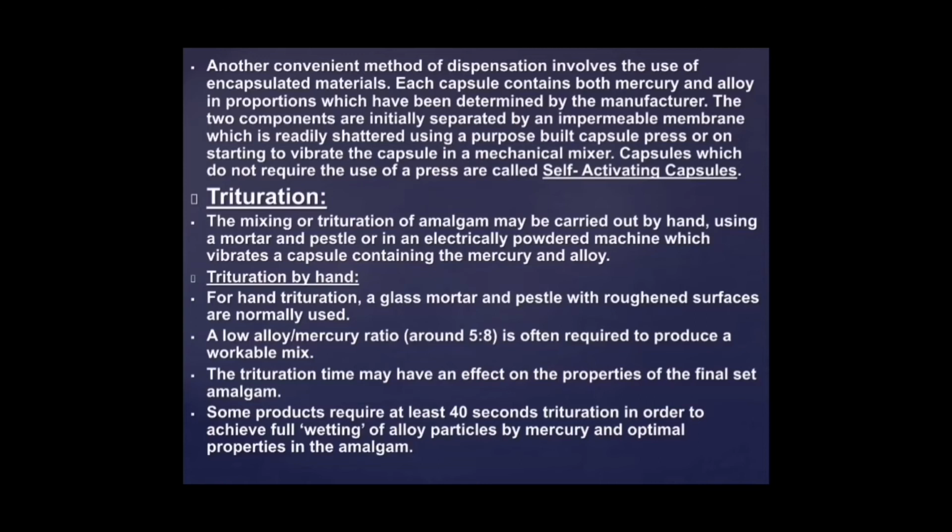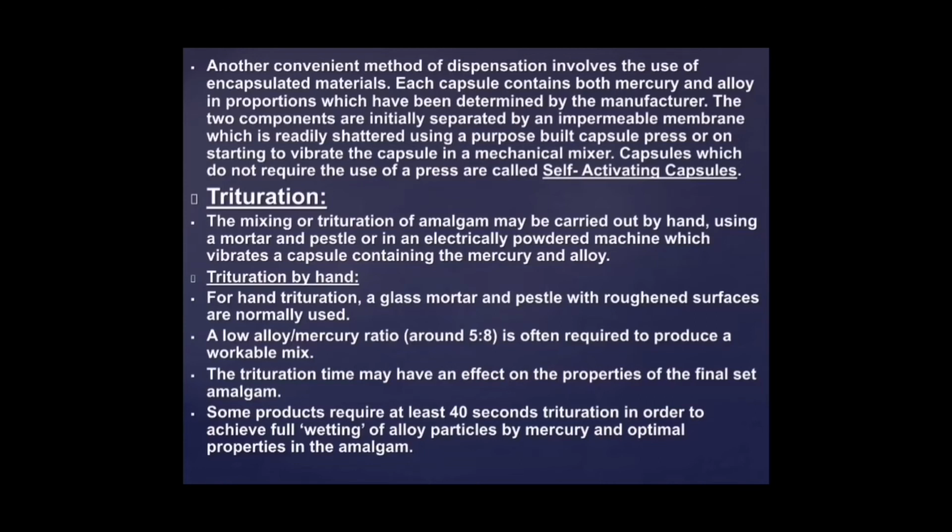Titration. The mixing or titration of the amalgam may be carried out by hand using a mortar and pestle, or in electrically powered machines which vibrate the capsule containing the mercury and alloy. Titration by hand. For hand titration, a glass mortar and pestle with a roughened surface are normally used.